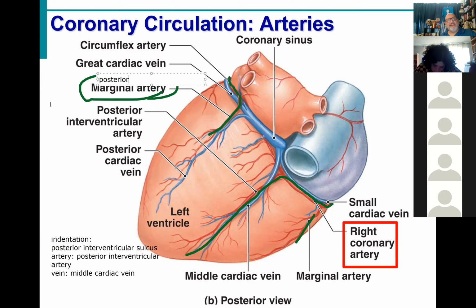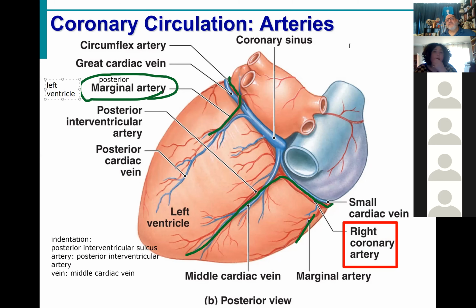And why would the left ventricle maybe need another blood vessel associated with it? The amount of muscle? Yeah, it has a much thicker muscle. So that thicker muscle needs a little bit more juice. And so we have a marginal artery, sometimes referred to as a marginal artery of the left ventricle.